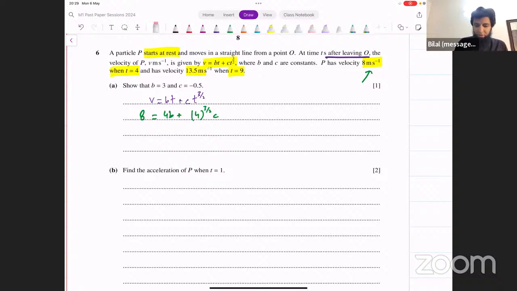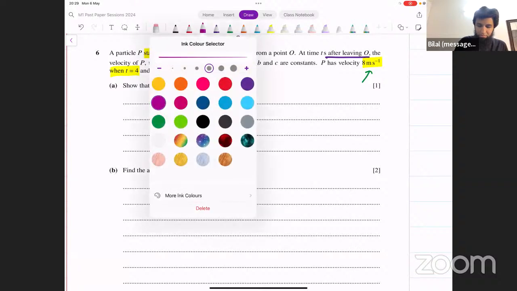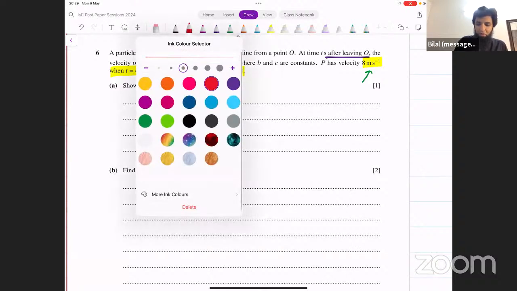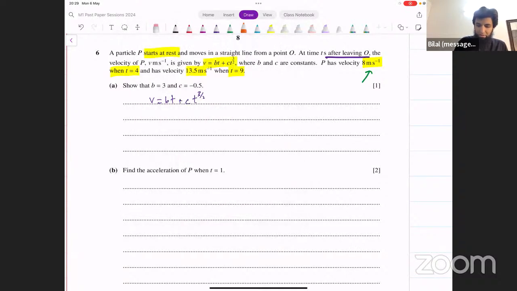Okay, so what you can actually do is, yes, this will work. So you won't have to solve this. You can actually make this process slightly quicker like this. This is the velocity function. What I'm doing is inputting t equals 4 and v equals 8 in this.